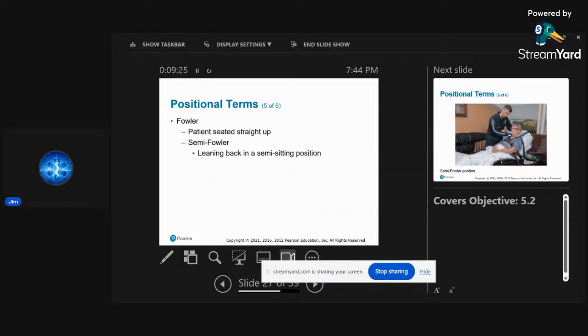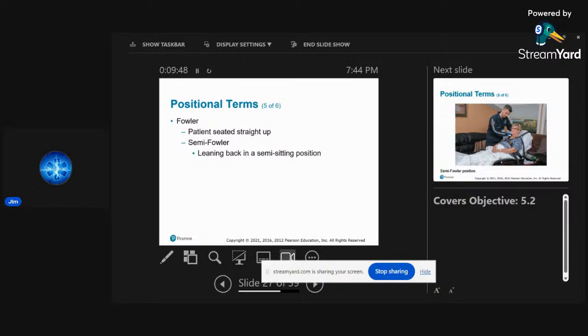Fowler's position is a patient seated straight up. This will be important with people that are having trouble breathing. They'll want to sit straight up, so they'll sit in a Fowler's position. The semi-Fowler is leaning back in a semi-sitting position or at a 45-degree angle. And this is the position that we transport most non-trauma patients.